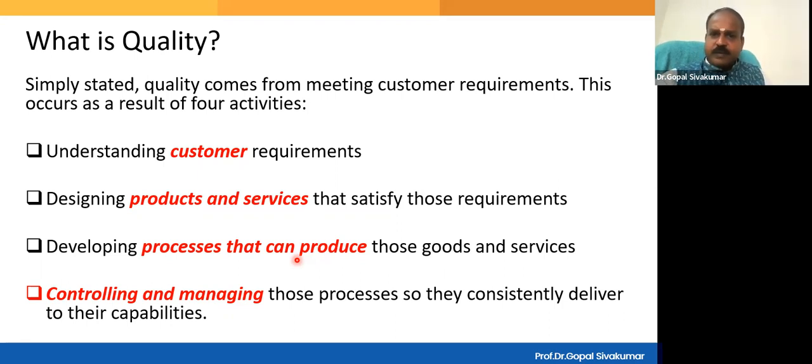Isn't it? Let's say there are 10 BMW cars, and one BMW car, the engine capacity is 1000 cc. So another car also should have how much engine cc? Same 1000 cc, isn't it? Suppose if it is 995, will there be a difference in the performance?